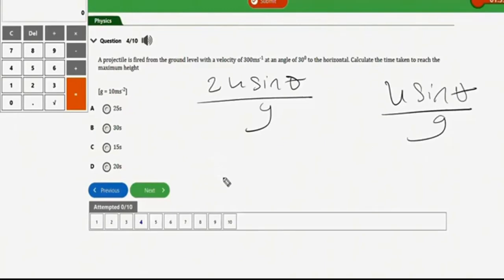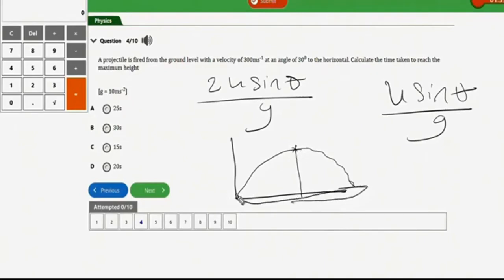Alright, let me illustrate. Let's say this is a projectile motion. It's just a sketch. This is the maximum height. The movement from here to here is the time of flight.